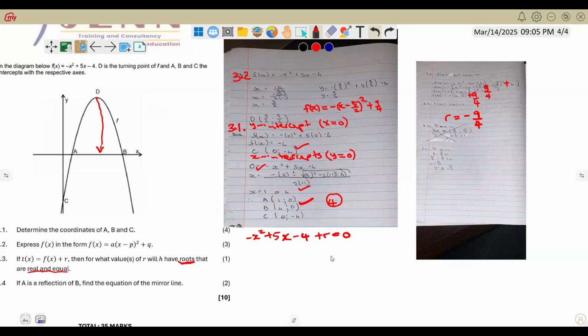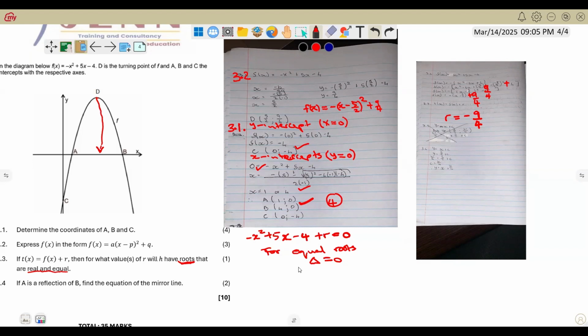So, for equal roots, what do we still remember? Our discriminant must be equal to 0. Do you still remember nature of roots from grade 11?